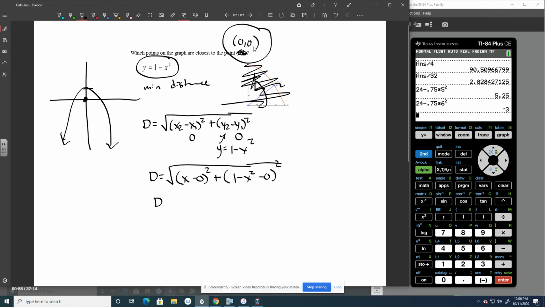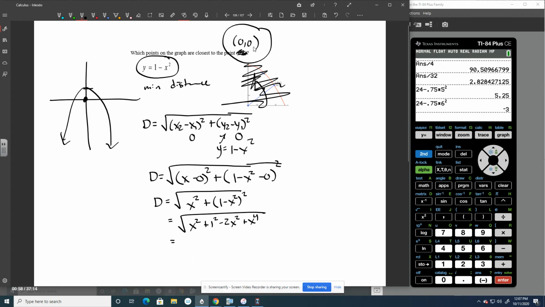So when I clean this up a little bit, I get the square root of x squared plus 1 minus x squared minus 0, which is just 1 minus x squared, squared. And if we clean that up a little bit more, I end up with the square root of x squared plus, 1 minus x squared squared becomes what? 1 squared minus 2x squared plus x to the fourth.